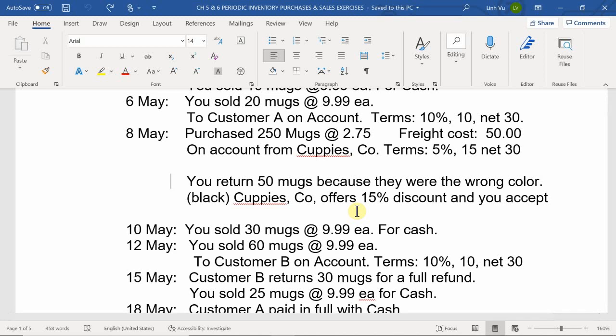However, Copico decides to convince us, hey, you could still keep those mugs and resell them, because it's just another color. And they're going to give us a 15% discount to apologize for their mistake for shipping the wrong color out to us. And we accept it. So therefore, how are we going to calculate this now?